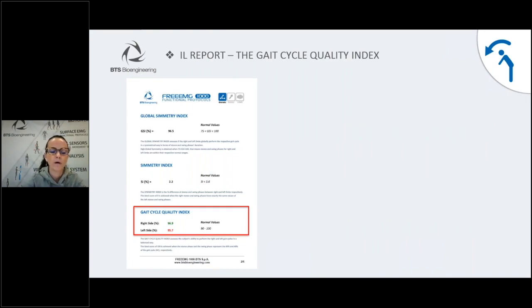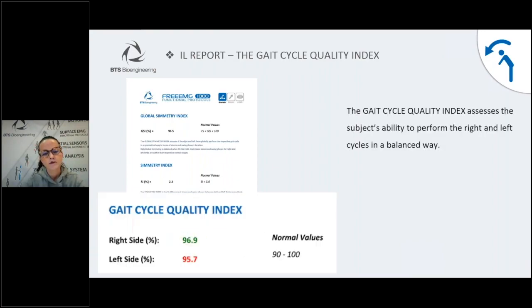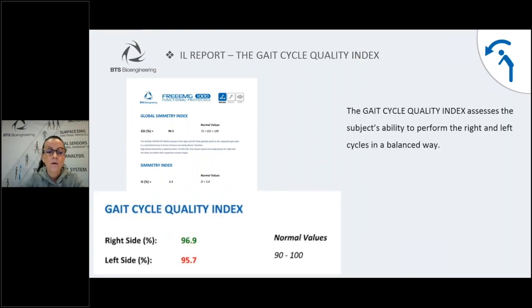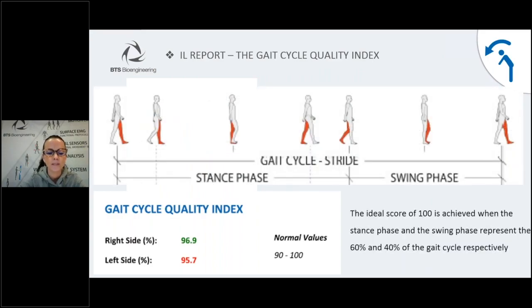Let's now move on to the quality index of the gait cycle. Unlike the symmetry indexes that compare left and right limbs, the quality index is instead a characteristic of the single limb. In fact, the quality index evaluates the subject's ability to divide his right and left gait cycle correctly and in a balanced way.